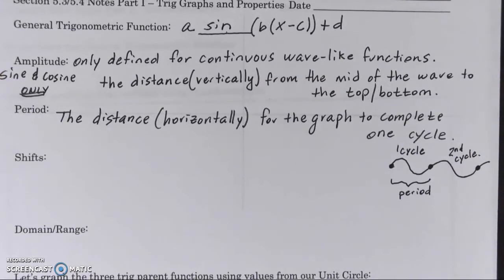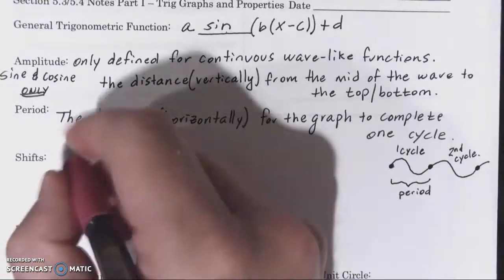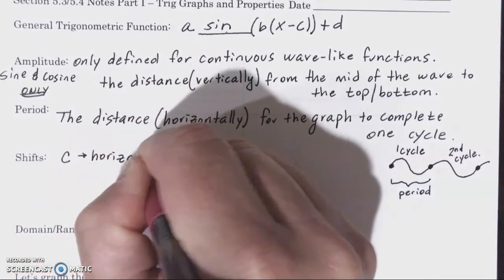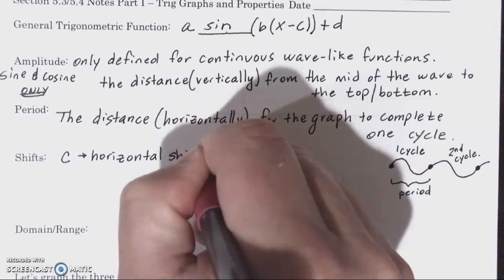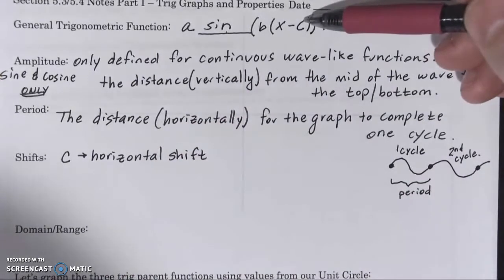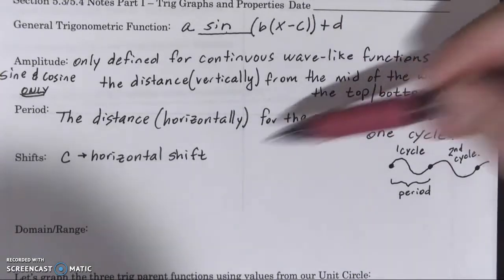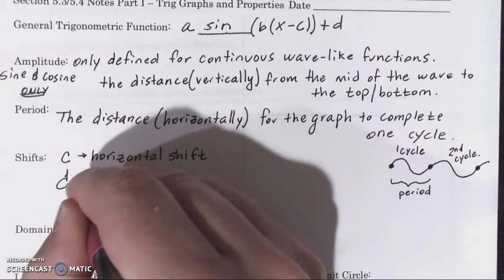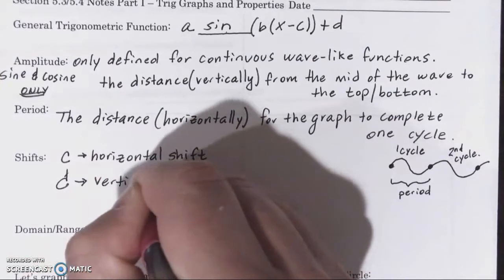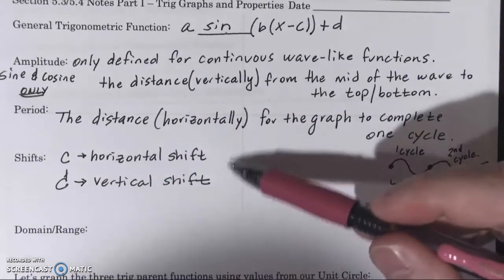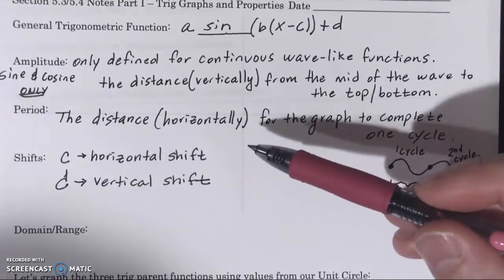Okay? When we talk about transformations, we'll talk about shifts. The c is going to be our horizontal shift. Any number subtracted or added to the x within parentheses, that would be our horizontal shift. Our d will end up being our vertical shift. We will again talk more about these in the second part of our video.